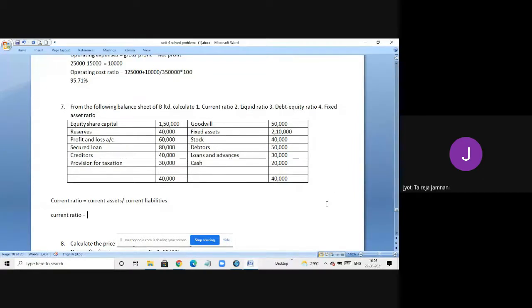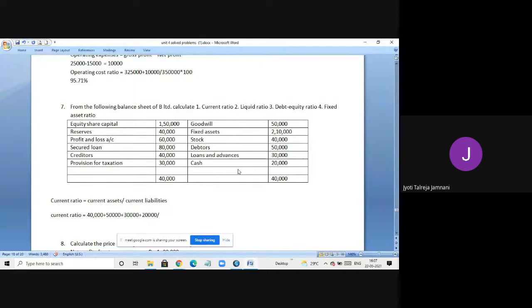If you see on the asset side, goodwill and fixed assets you have to leave. From stock, there is current assets. So stock is current asset, 40,000, plus debtors 50,000, plus loans and advances 30,000, plus cash 20,000. So these are the current assets divided by current liabilities.